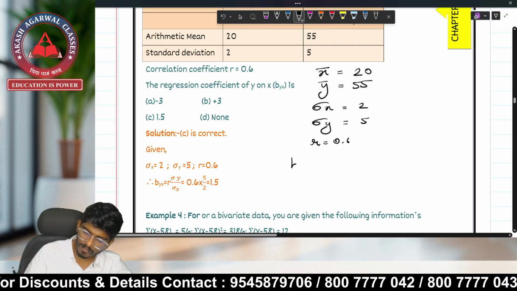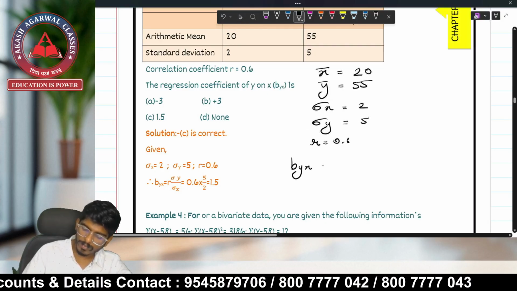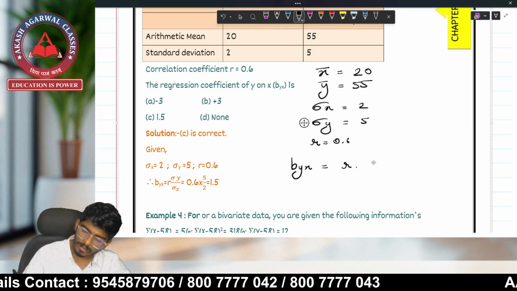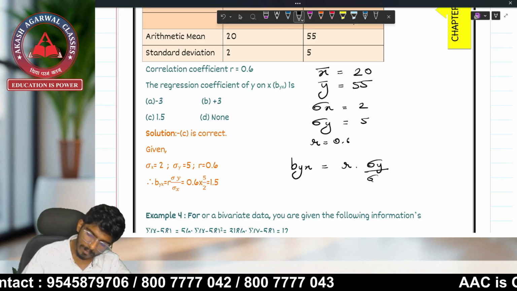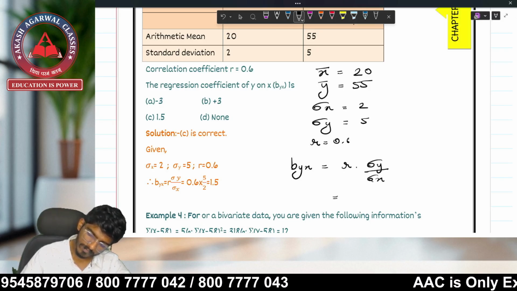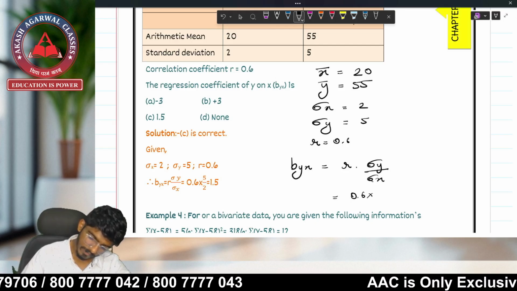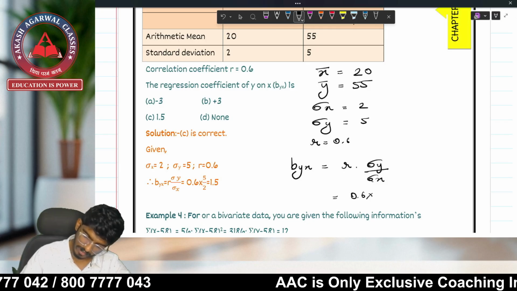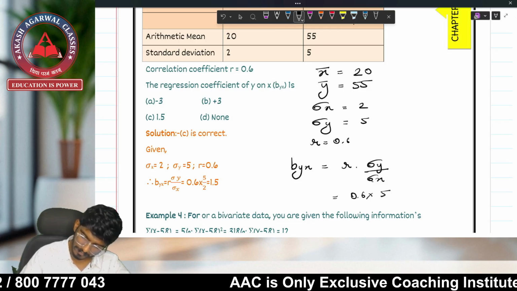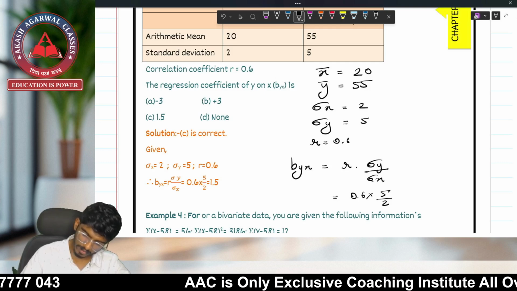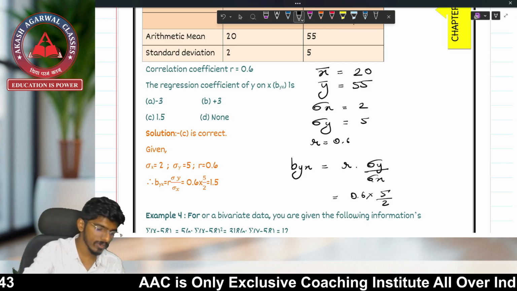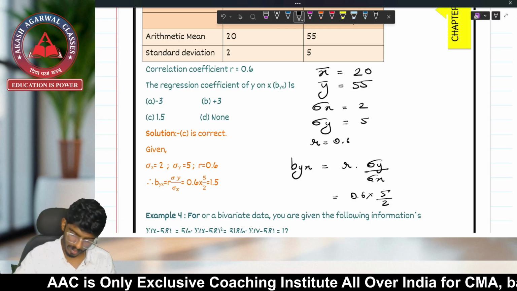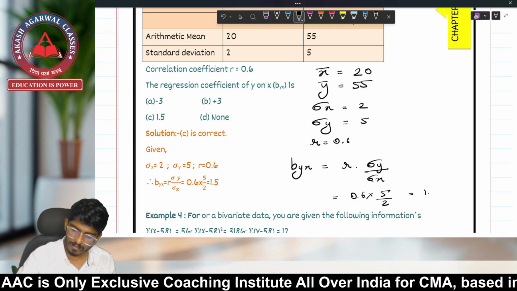Y on X is always Y is going to come first. That means BYX. And now if you remember, the formula is going to be R into standard deviation of Y upon standard deviation of X. So R is 0.6 into standard deviation of Y, which is 5, upon standard deviation of X, which is 2. Now if you solve this, 5 divided by 2 into 0.6 is going to be 1.5.